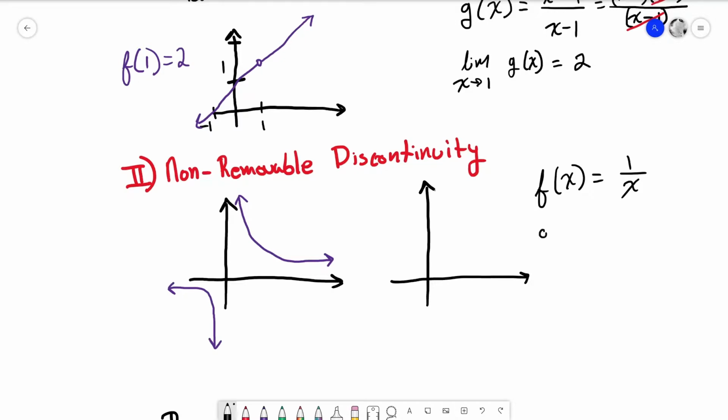Another example of a non-removable discontinuity would be g of x equals the function 1 over x squared minus 4. And this function is going to look like this from negative infinity in the x-axis. If we go from negative infinity up until -3, we're going to have a vertical asymptote, and then after we cross -3, the function looks like this.